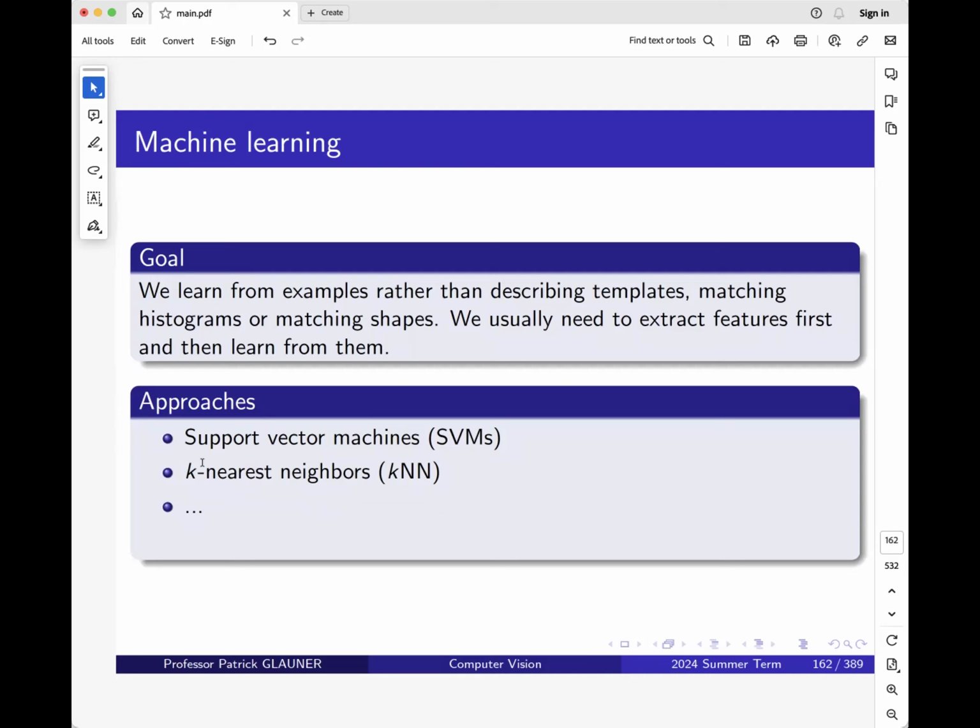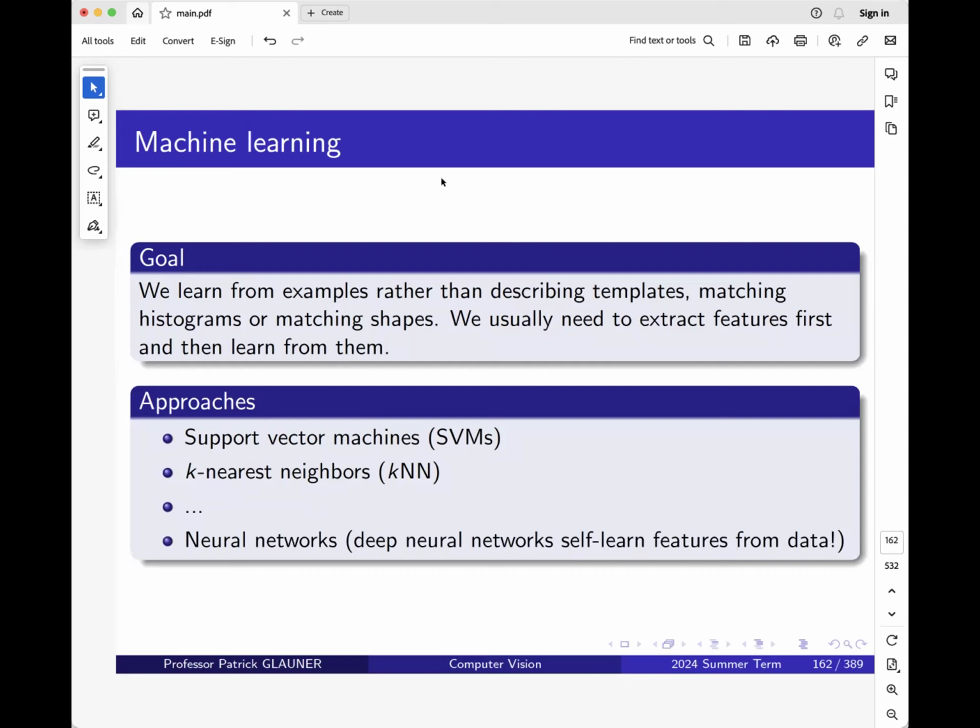So our hope is we actually don't need feature detection in the first place, but we could actually learn from raw data. That would be the best we could do in computer vision, because obviously feature detectors are helpful, and for certain algorithms and certain problems, we need them. But maybe for some problems, we don't need that, and we can directly learn from the raw data, then it would be cool. And this is why neural networks have become so important in the last 10, 15 years.